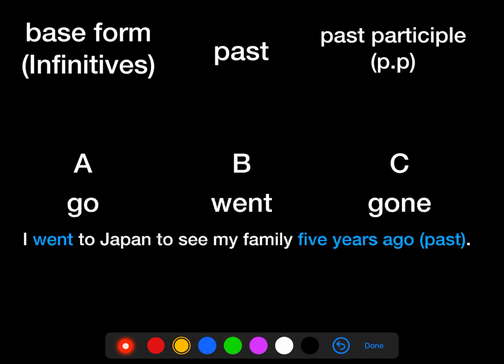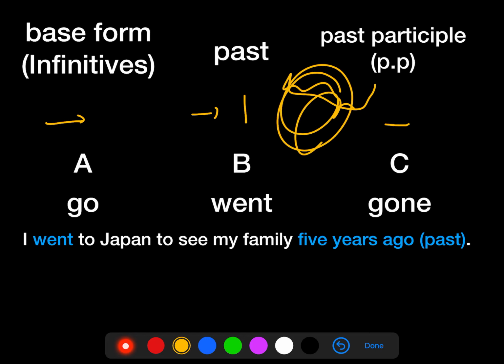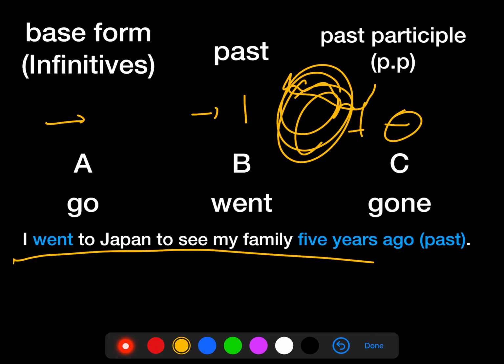Now is an ABC group. It changes in every time tense. So go, went, and gone. The base form is go, went is the past, and gone is the past participle. So let's have a look at the example.